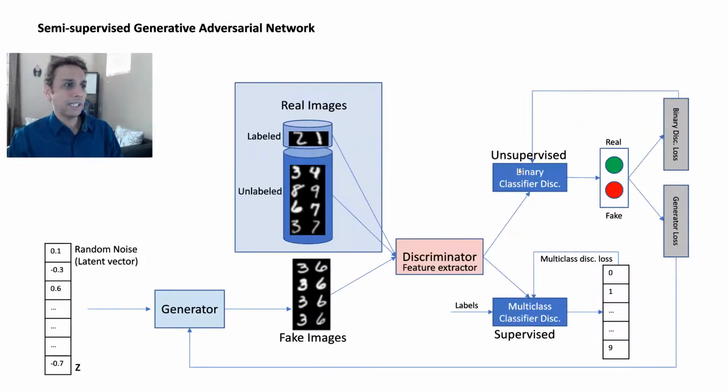Now, if I convert that into a semi-supervised GAN, you can see the structure is very similar, except in addition to fake images to the discriminator and unlabeled real images, we also send a few of these labeled real images to the discriminator. And now comes the part. Think of this discriminator as just a feature extractor. This is not a binary classifier.